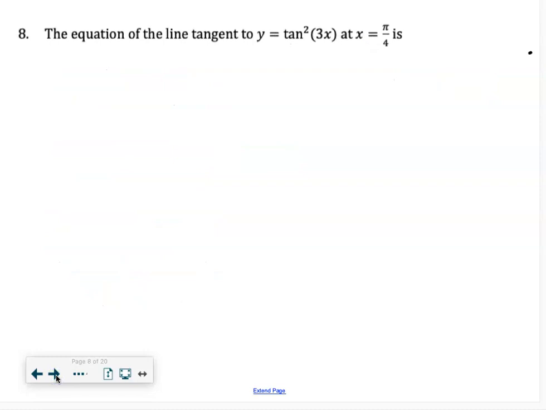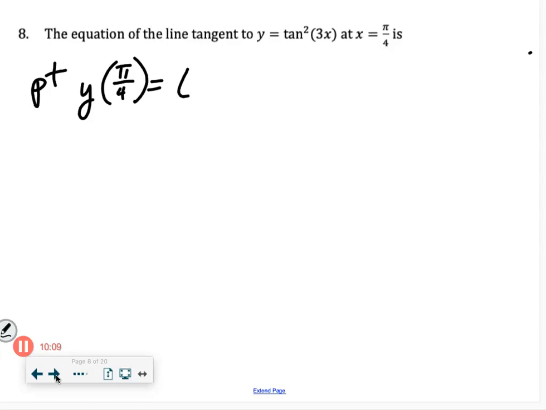Equation of the tangent line. We need 2 things. What 2 things do we need? A point and a slope. The point we get from our original function, so we have to find y of pi fourths. So we have the tan squared of 3 pi fourths.